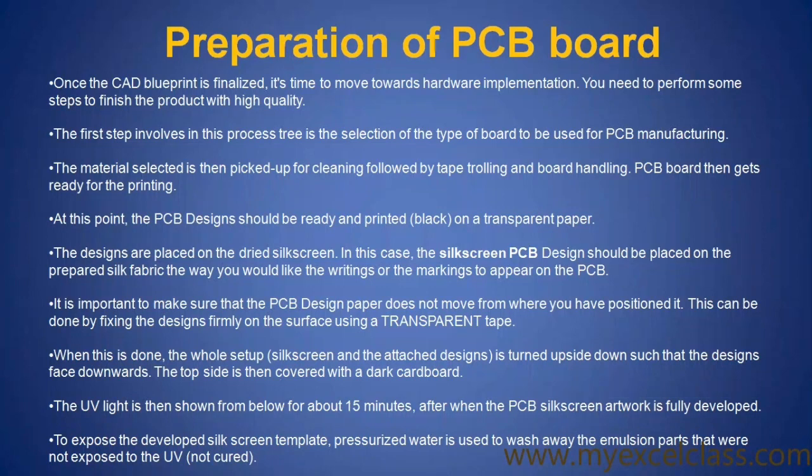Before PCB manufacture, we require this material, this layout of PCB, and the process deciding which board is used, double layer or single layer. These are required before board manufacturing.